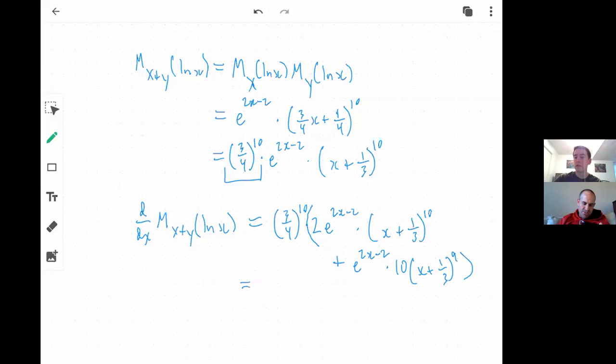So let's simplify this. Okay, this is 3/4 of, so first of all, let's pull out everything we possibly can. I can pull out, of course, the 3/4 is still here. I can also pull out 2. Pull out an x plus 1/3 to the 9th.